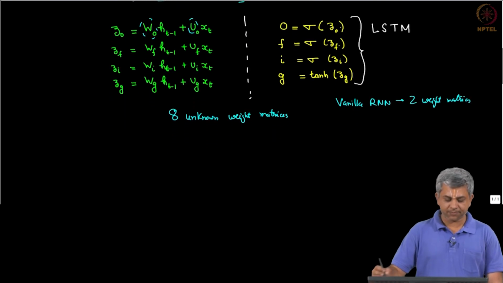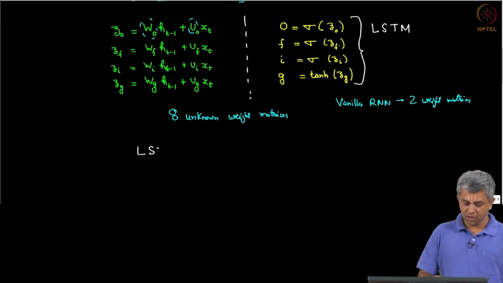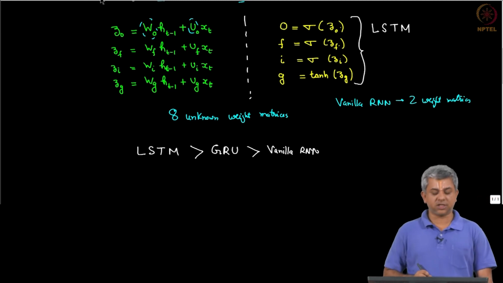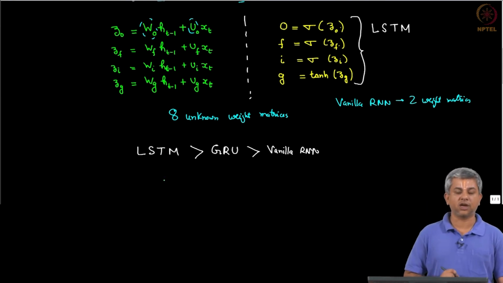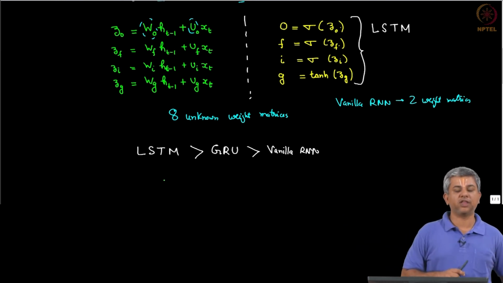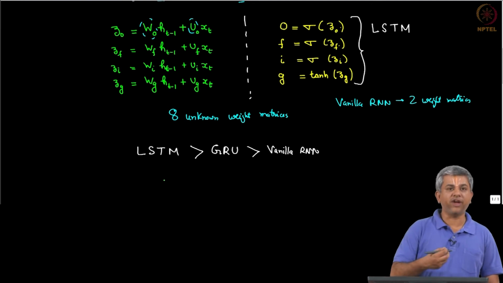Now, LSTM typically can retain non-vanishing gradients for a greater number of layers compared to GRU, and GRU typically can retain a greater number of layers compared to vanilla RNN. Remember, when I say LSTM greater, what it means is the number of layers that you can train with LSTM, the depth of the architecture, can be greater with LSTM compared to GRU, and that compared to vanilla RNN, and you have to balance it against the number of weights that you have to train.